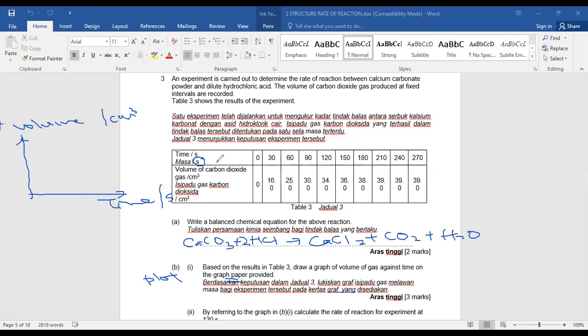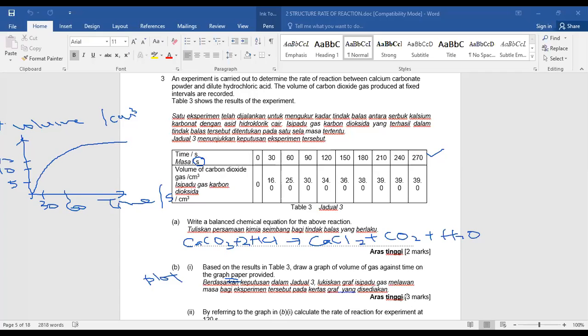Put all the dots, the time here 0, 30, 60, and so on until 270. For the volume, you put your scale, let's say from 5, so 5, 10, 15, and so on. Okay, then you plot. You will get a smooth curve going up like this. Make sure you get all this.